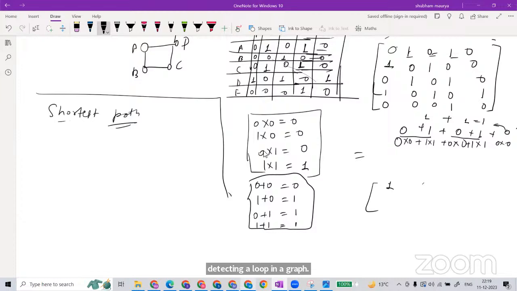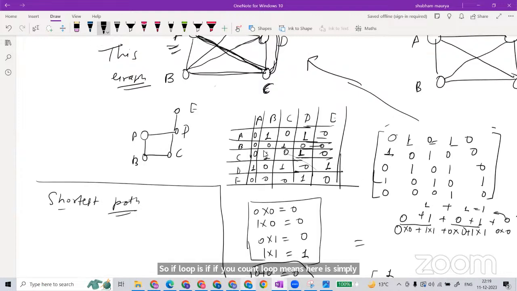If you count, a loop here simply means you are given weights. Suppose I'm putting weights here: -5, 1, 2, and 3. Let's say this one is 2. This is a cycle in the graph.